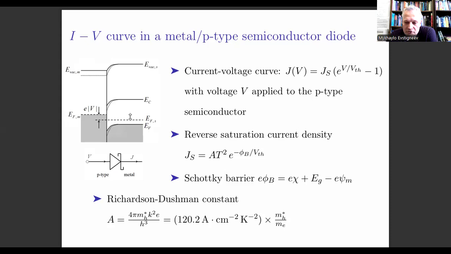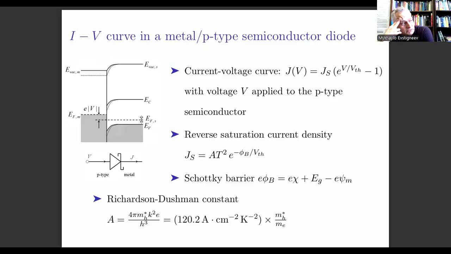But this also implies that the mobility of your charge carriers, your holes, the majority carriers, will be much smaller in a p-type semiconductor. So the currents that you will get for forward bias will be much smaller. And this is one of the reasons why p-type semiconductors are almost never used in commercial or industrial Schottky diodes.